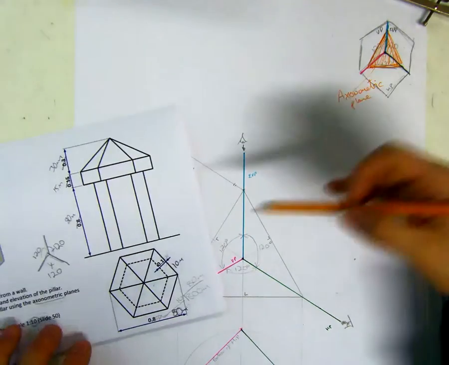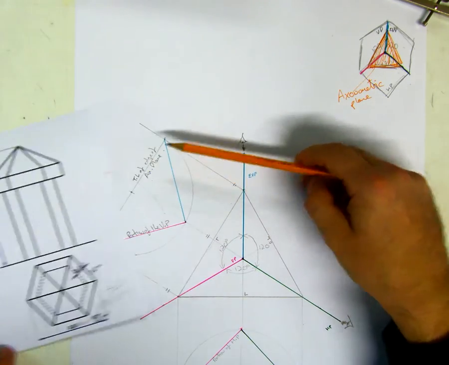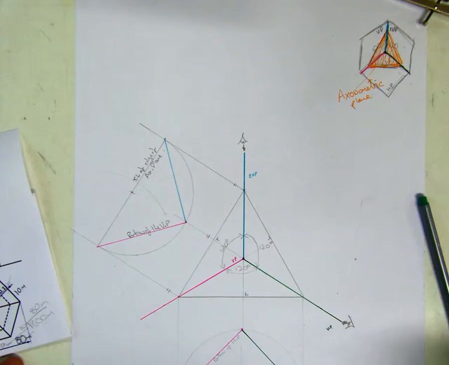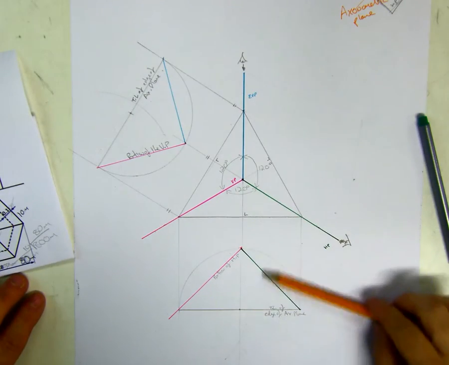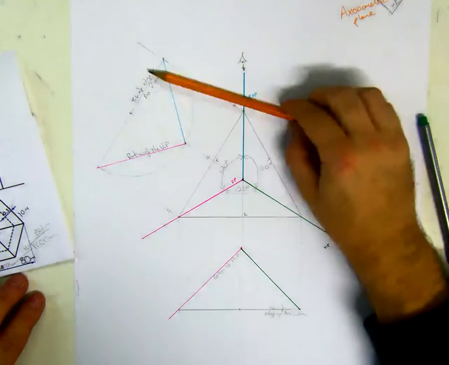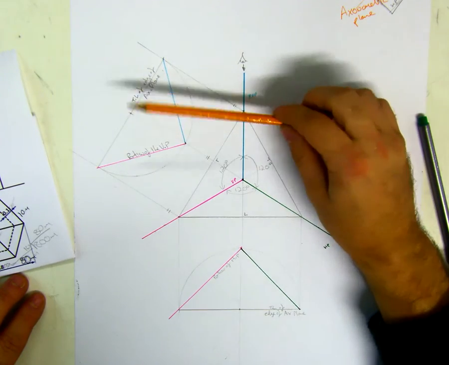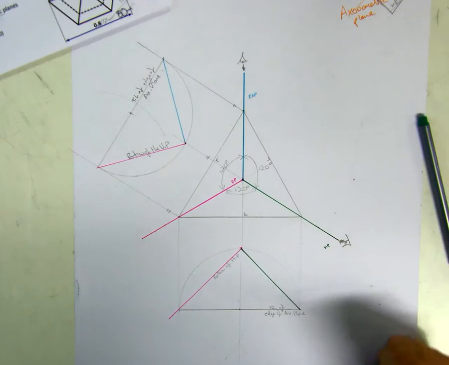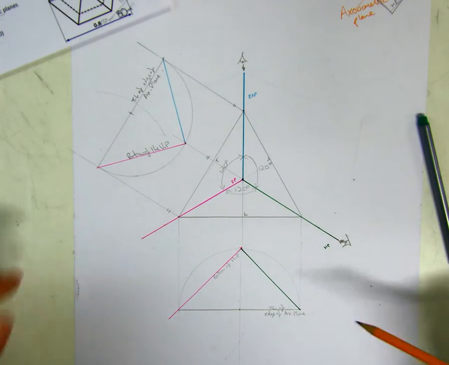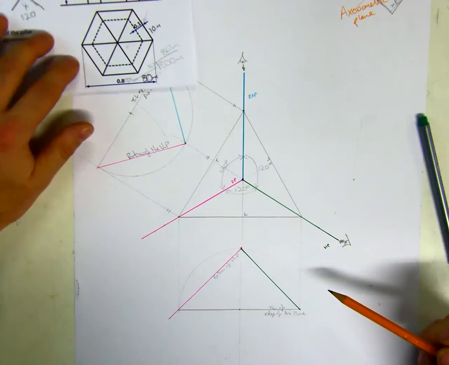We need to draw the plan and the elevation. We have our plan view set up here, so we need to draw a plan here somewhere, and we need to draw our elevation here. We need to find our points in 2 views, then locate them in the 3rd view to make it into a 3D object. So the first thing we're going to do is look at the hexagon.